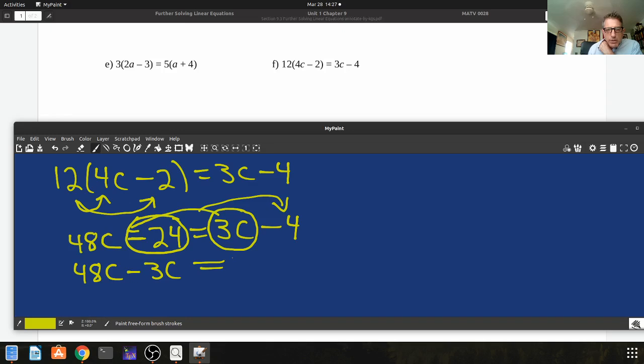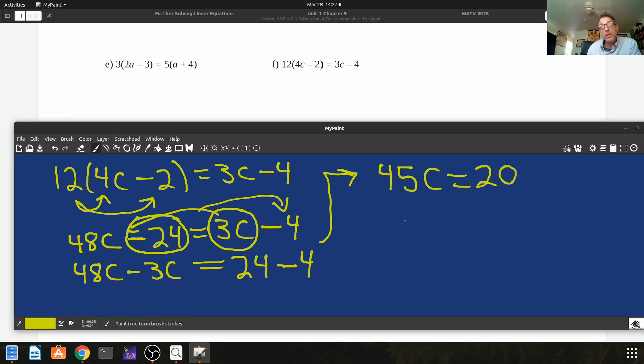So minus 24 becomes plus 24, and it joins my minus 4 that is already over there. So now all we have to do is combine like terms. So 48c minus 3c is 45c. And 24 minus 4 is 20.